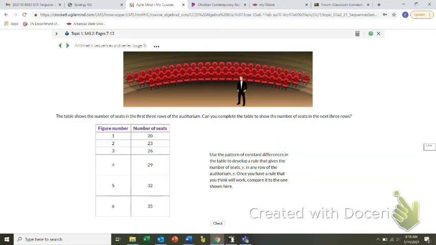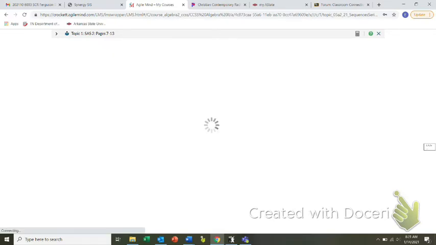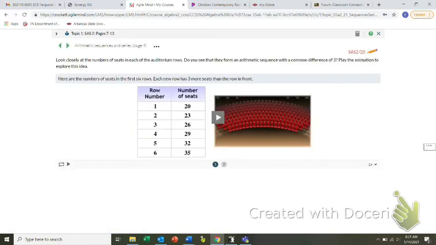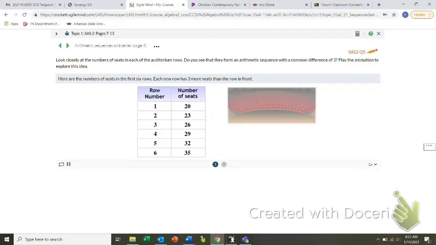All right, let's move to the next screen. We can answer number 5 here. It says, what kind of sequence is generated by the number of seats? How do you know? So I'm going to go ahead and click this animation. And you can already answer this without even having this animation.